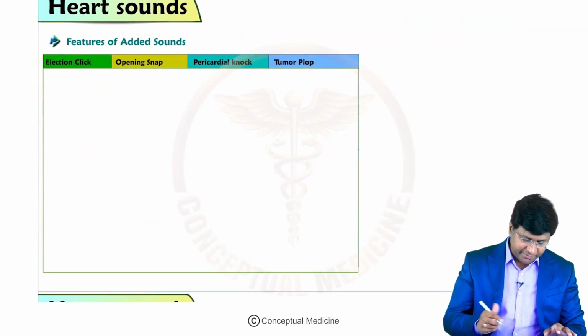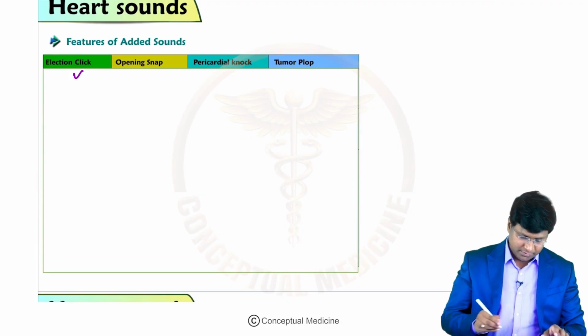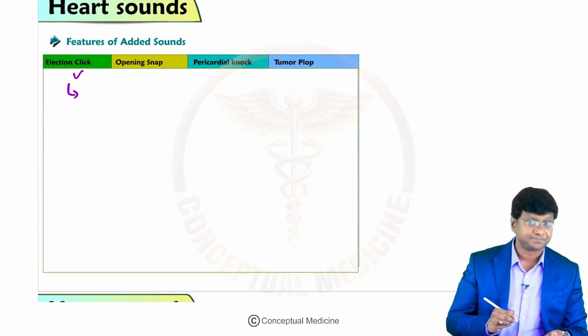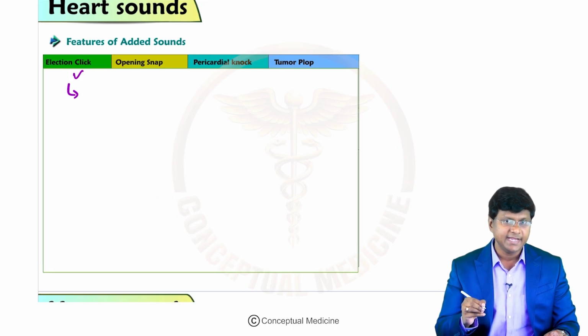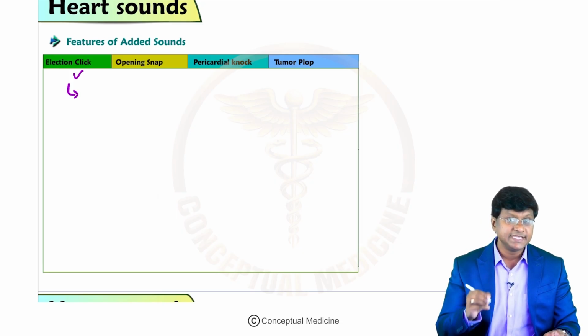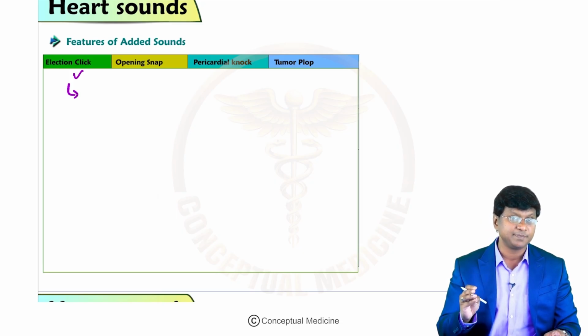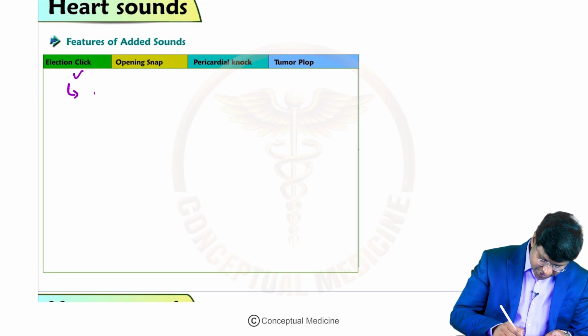One of the very important additional sounds that you need to know is the ejection click. Let me tell you, it is a systolic sound. In which scenarios will you listen to this ejection click? The ejection click is a sharp, high-pitched sound heard in aortic stenosis and pulmonary stenosis.